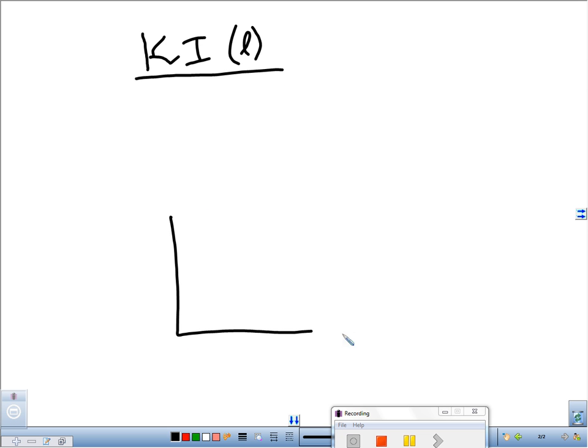So let's say we have KI, potassium iodide I'm using here, and it's a liquid. It's not aqueous, it's a liquid. We'll do aqueous next. Don't worry, it's going to be okay. And I'm going to put electrodes in there.